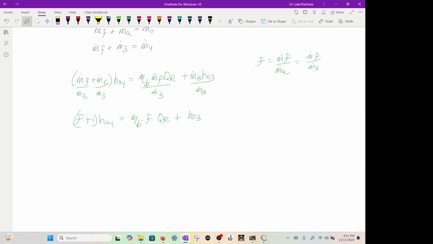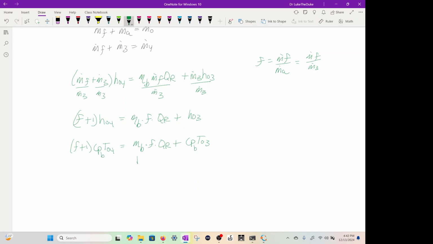Now let's define like we did before, where Cp times T. So F plus 1 Cp T naught 4 equals A to B times F times QR plus Cp, this is T naught 3, and this is of the combustor. So we're going to put subscripts B on these CPs.